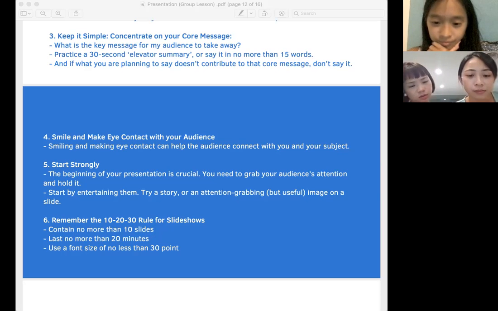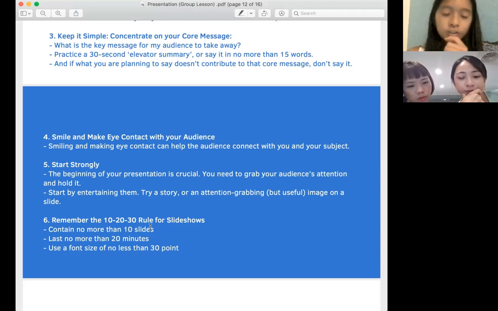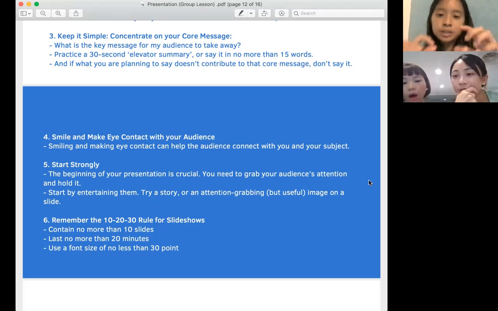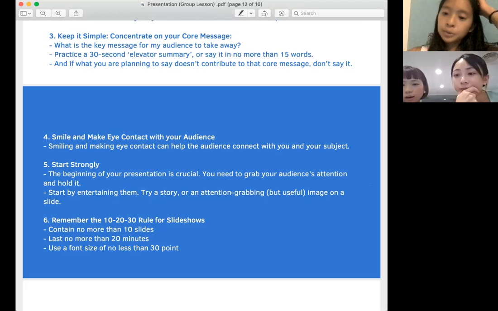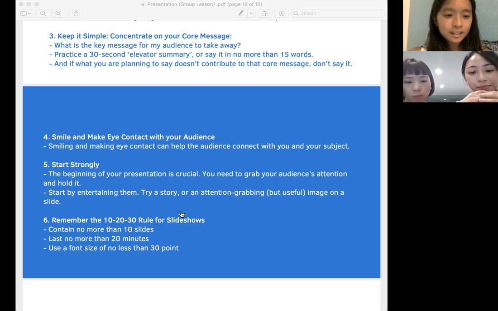Font size means how big your words are. It means the words need to be bigger, because we don't want to have a lot of small words, right?